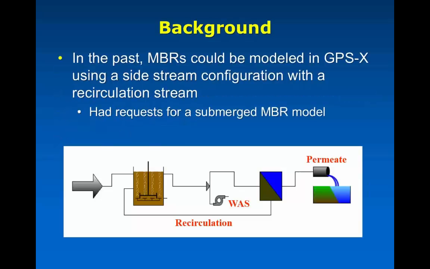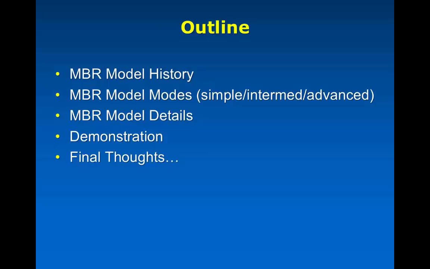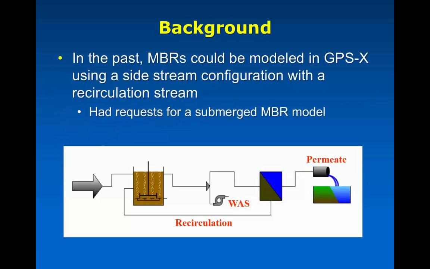Okay, so to get started, back in the day, when I first came to Hydromantis and was first involved in developing GPSX, we didn't have an MBR model at all. What people conventionally did at that time was to use a completely mixed CSTR and then follow that up with a solid separation unit.